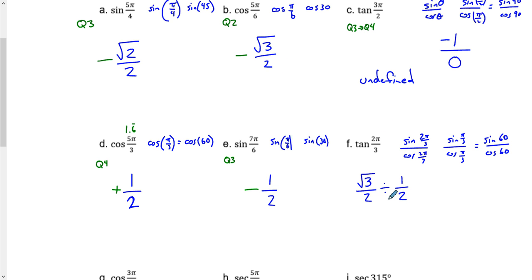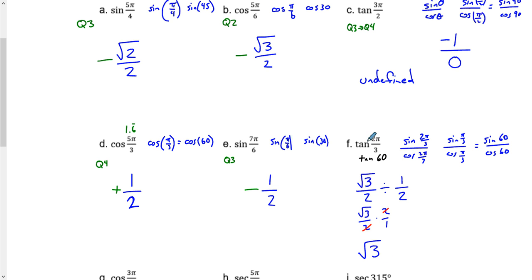So flip and multiply. Root 3 over 2 multiplied by 2 over 1. Some 2's cancel off. We're left with a root 3. Of course, if you know that the tangent of 60 is root 3, you're set.